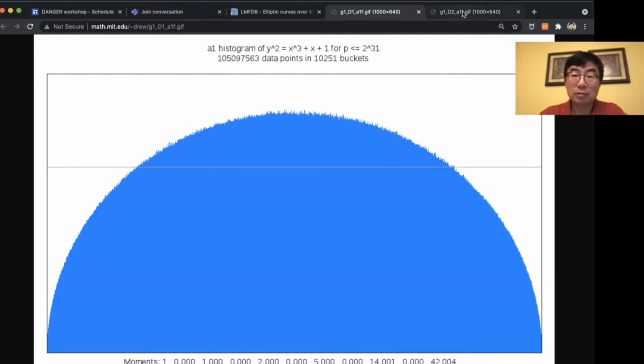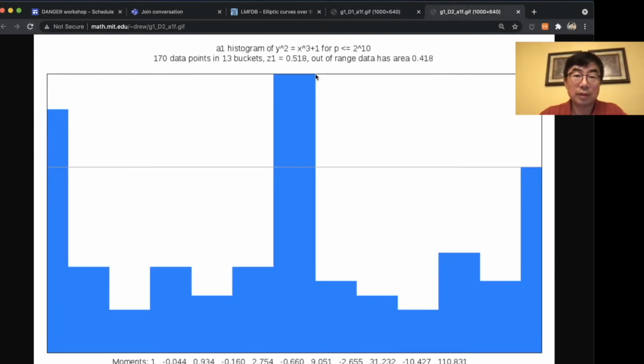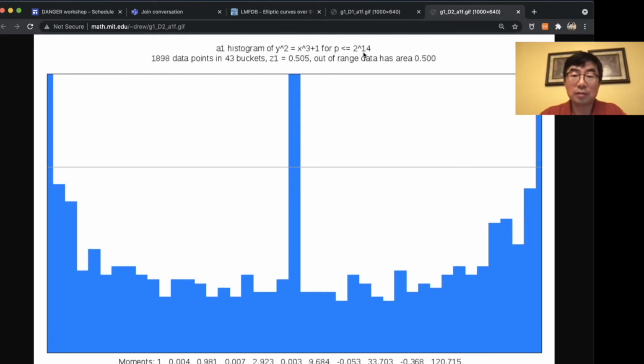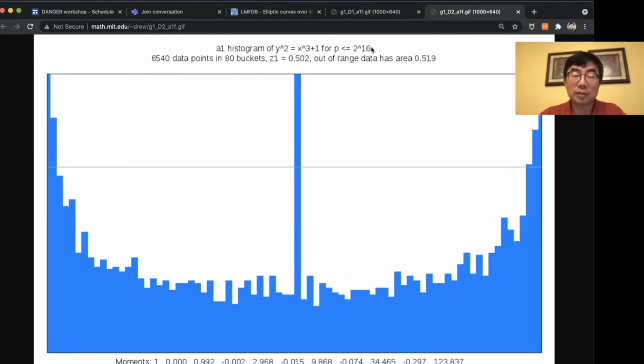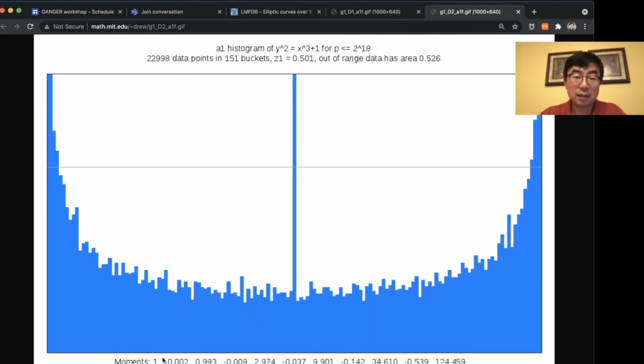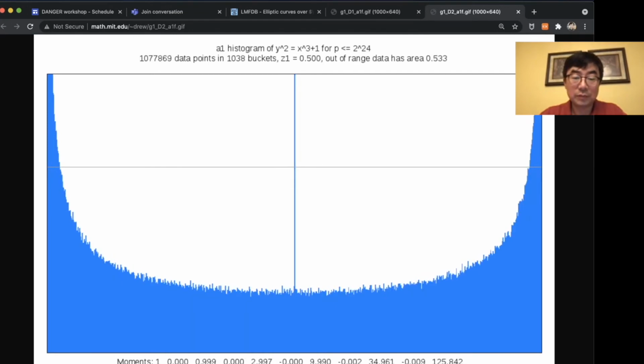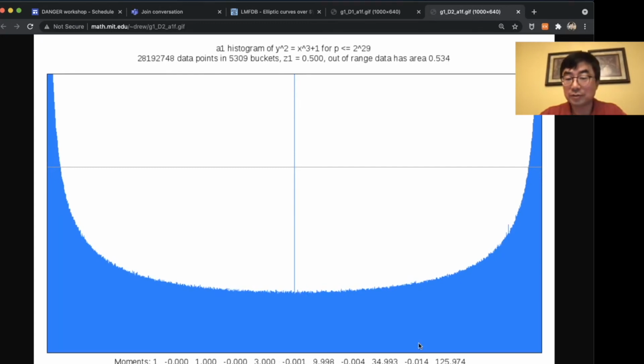Likewise, this is x cubed plus 1, and this is 2 to the 14, and the moments appear here. It converges, and the moments converge to integers.